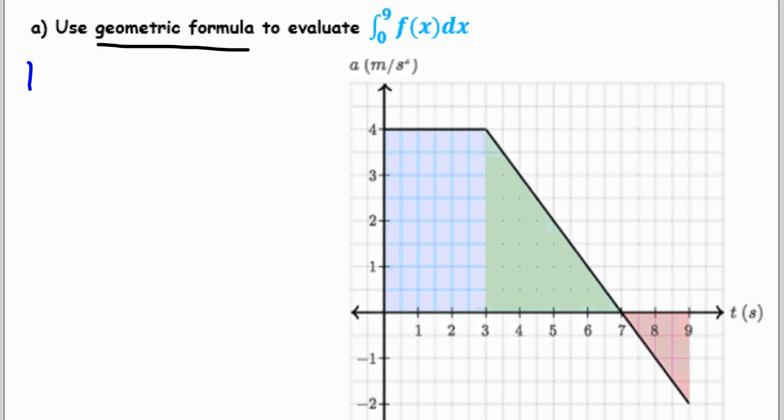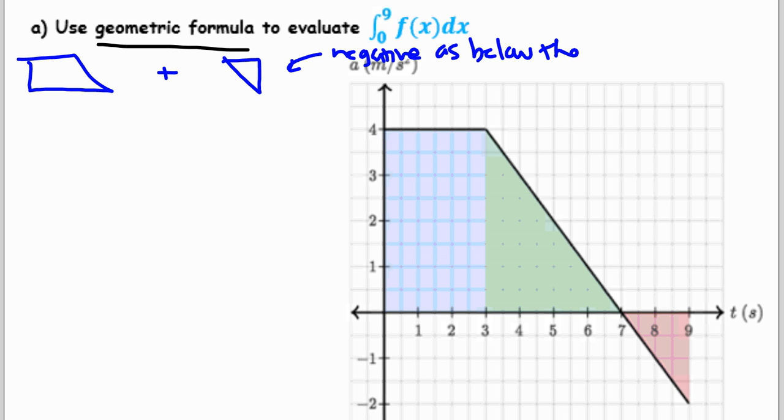So it's going to be a trapezoid plus a triangle, and the triangle is negative, as it's below. So we're going to put the triangle one in as a negative. Think of that as the area of a trapezoid or trapezium, whichever one you want to use, plus the negative area of the triangle.